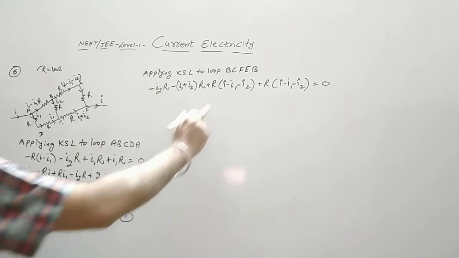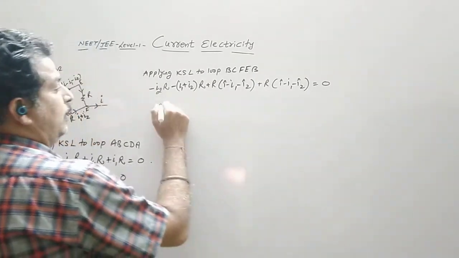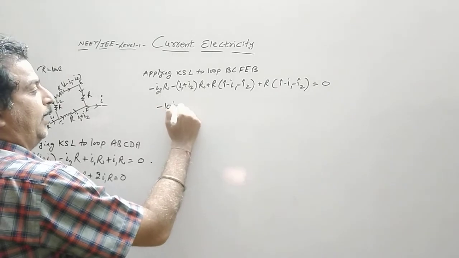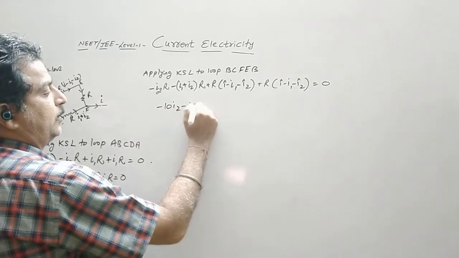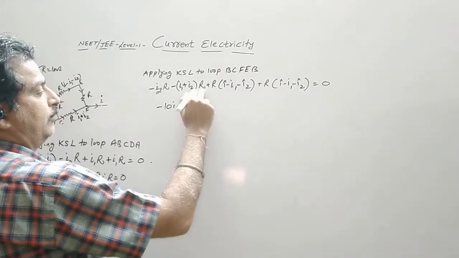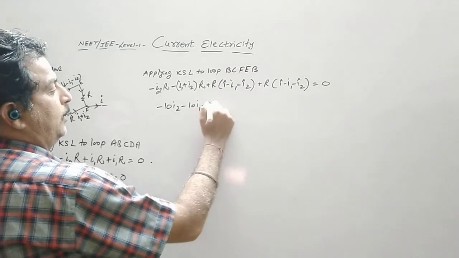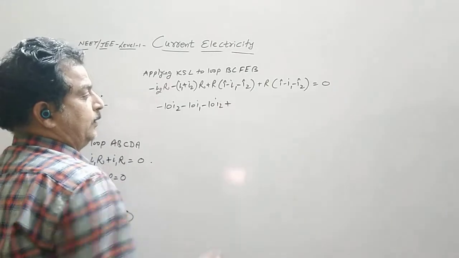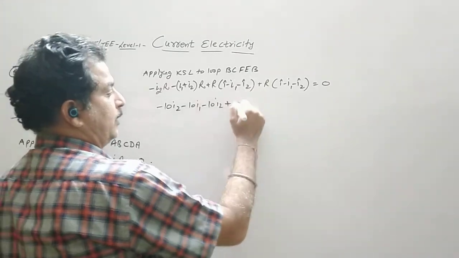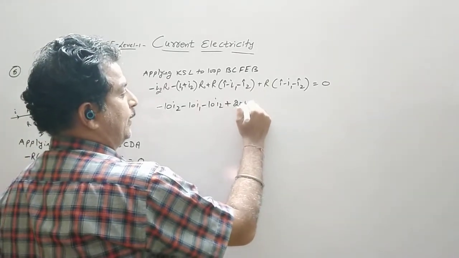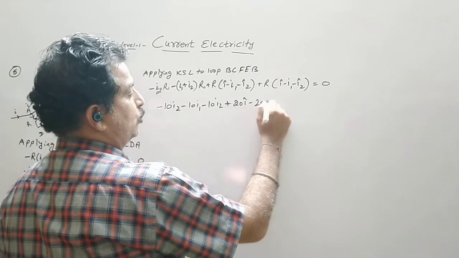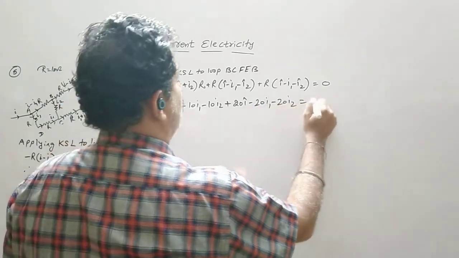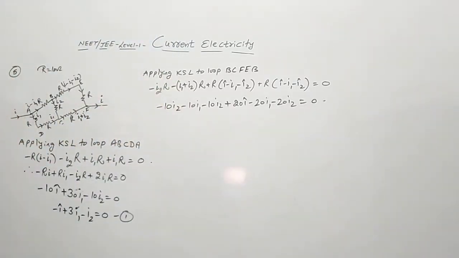These two are like terms, so it becomes double. We substitute R equal to 10: minus 10 I2 minus 10 I1 minus 10 I2 plus 10 plus 10, so 20I minus 20I1 minus 20I2 is equal to 0.